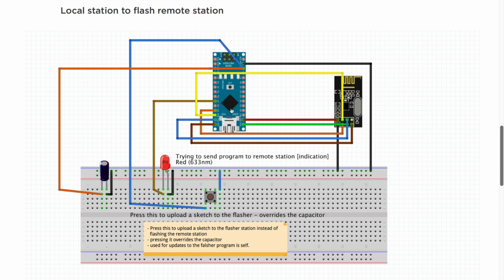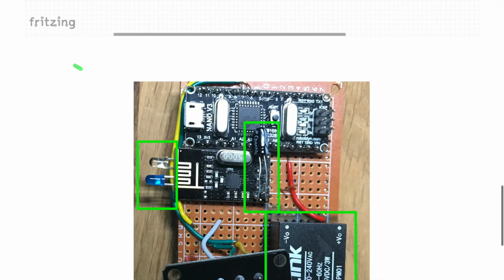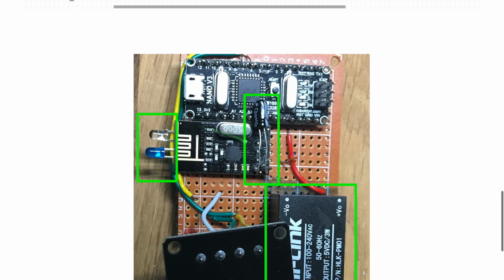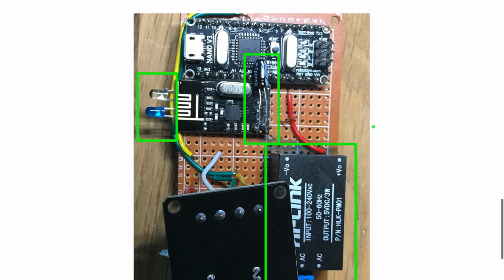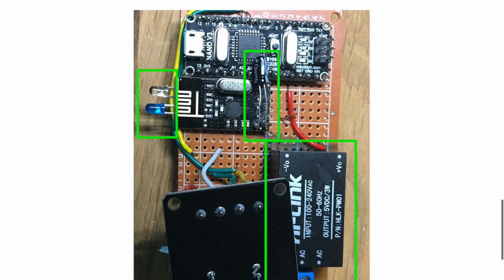So basically what you're going to do is go to the Arduino IDE, press on the play button, press here, and it will go to regular flashing state.